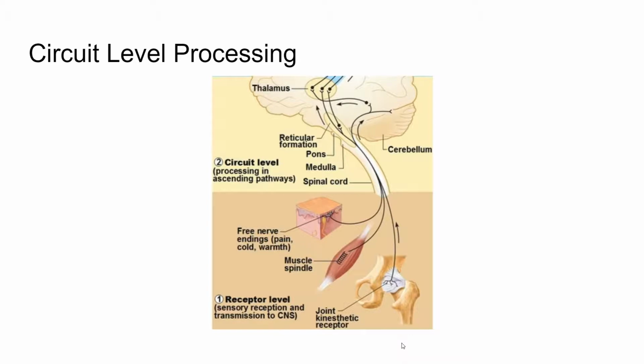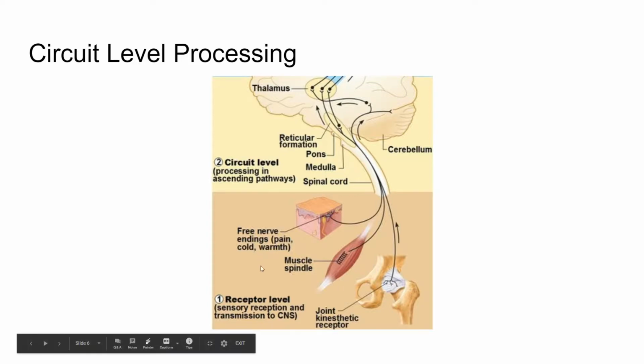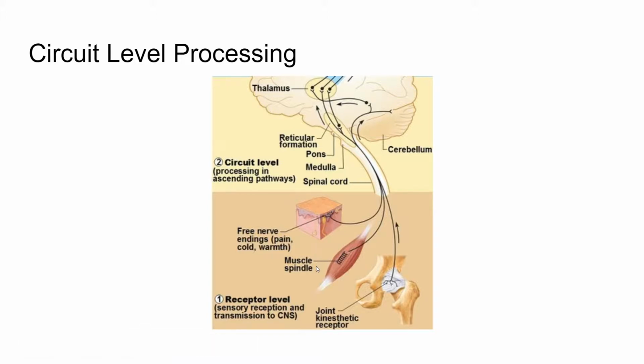All right, so next is the circuit level processing. And the circuit level, it just makes sense. So you have receptor, and at the brain you have integration. That has to get from reception to the brain, and that is this circuit level. There's just pathways that are taken. There's first level pathway, and these are actual technical terms, but not that important as far as I'm concerned.